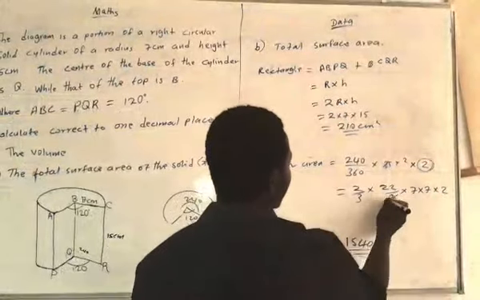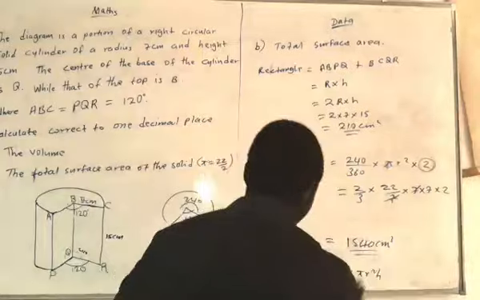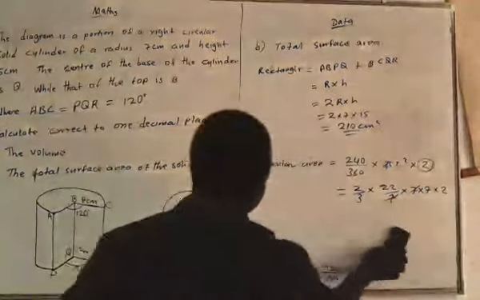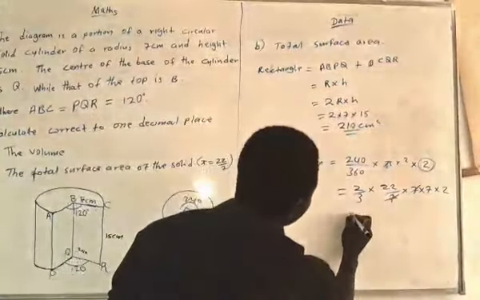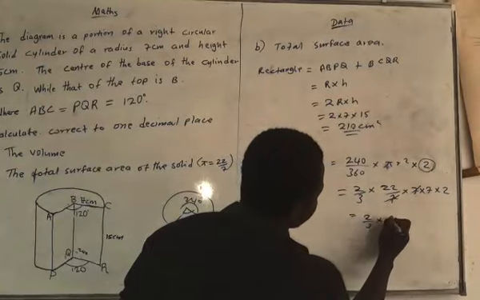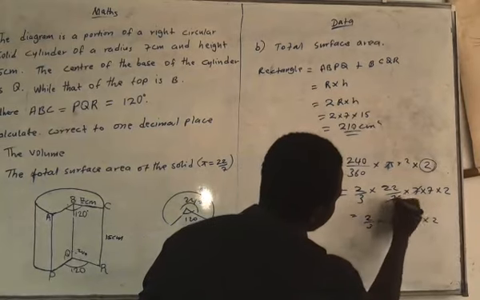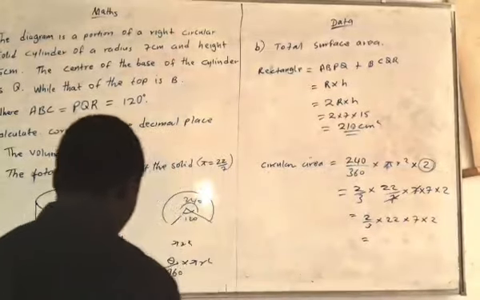So this 7 will cancel this 7 out. So it will give us now 2 over 3 times 22 times 7 times 2.